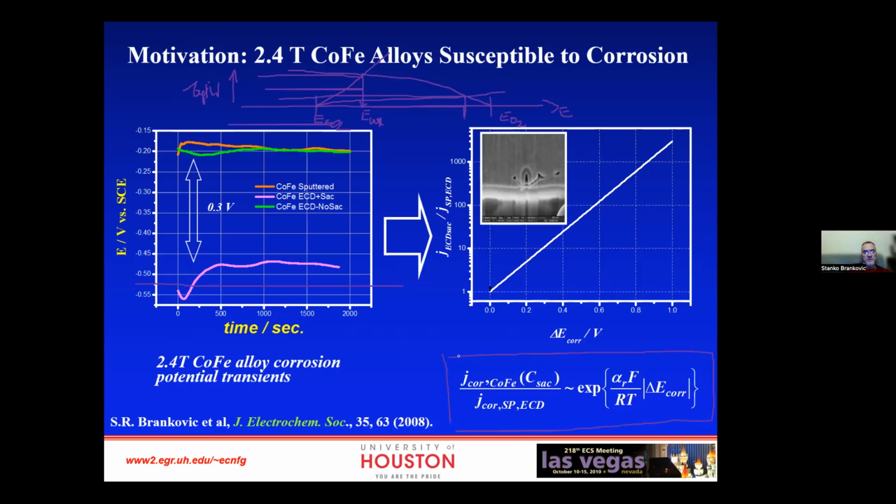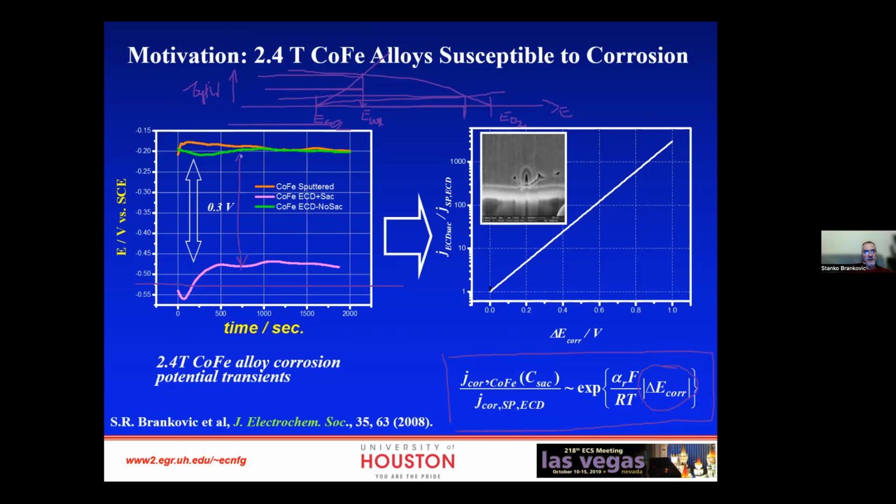If I can explain this without going too much into corrosion, I can tell you that the ratio between the corrosion current of the alloys deposited in the presence of saccharine in the solution, divided by the corrosion current of the alloys deposited without additives, scales with some terms which I'm not going to discuss at the moment, but it's proportional to an exponential term in this delta E corrosion, which is basically the difference here.